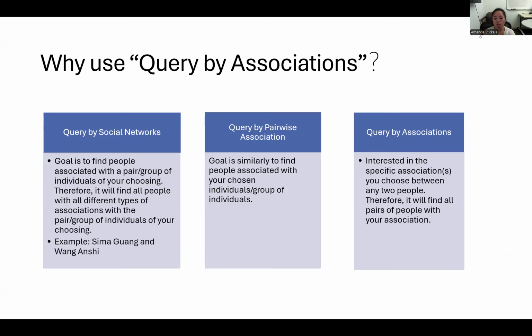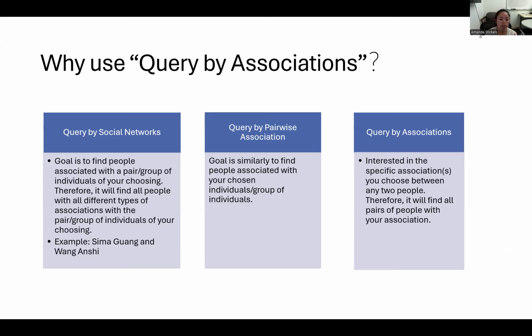Therefore, it will find all pairs of people with your association. So for example, if I am looking at the friendship association using the friend of category of associations, then I will be looking for any people who were friends at a specific time or place of your choosing.